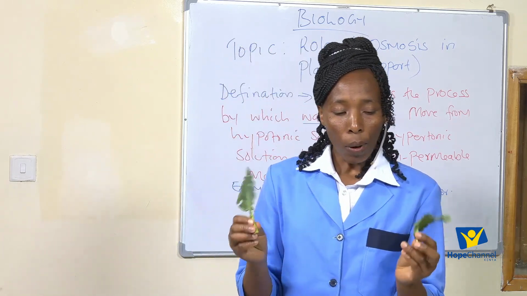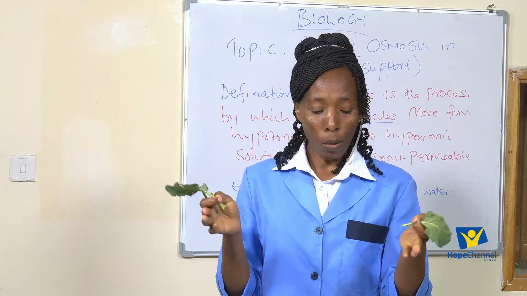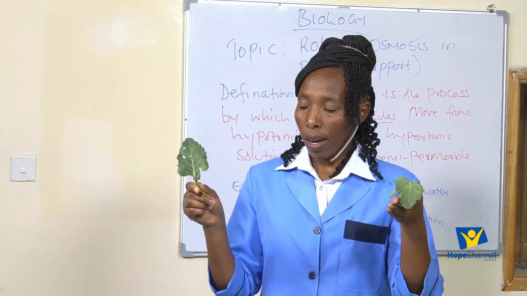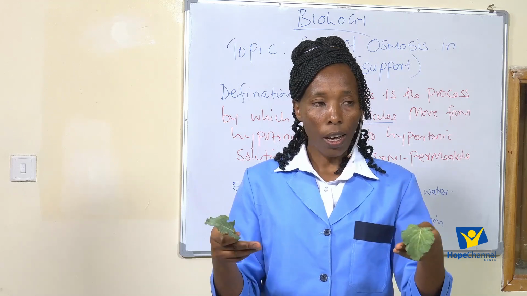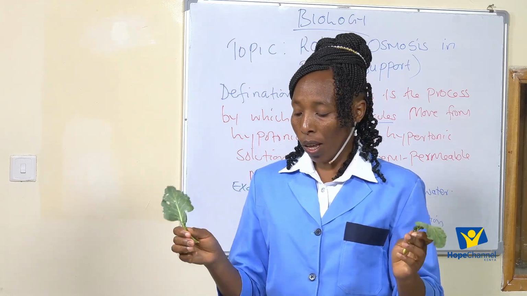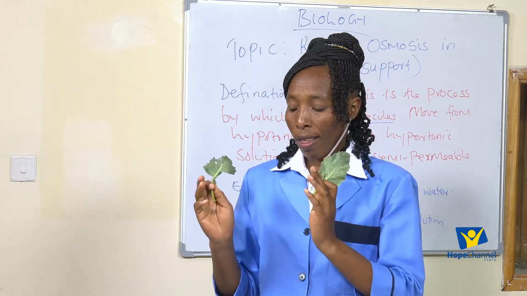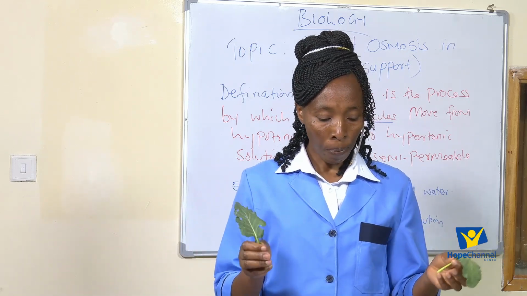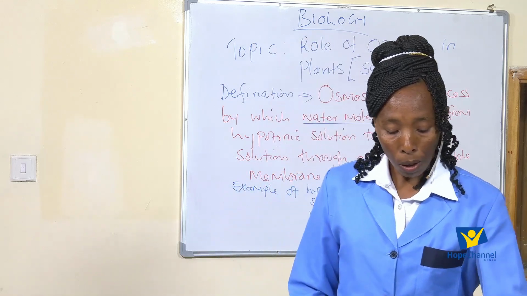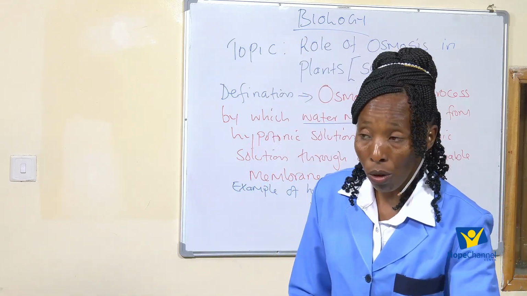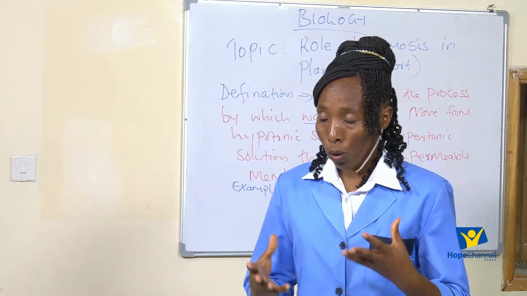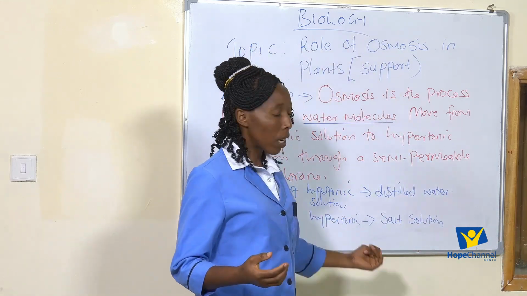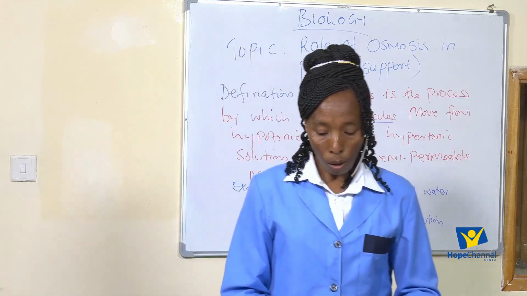Now, I want us to see practically what happens if you place leaves or these vegetables in water, and how that differs from those that are exposed to the air. With me, I'm going to demonstrate so that we have the two conditions whereby we have hypotonic and hypertonic solution.